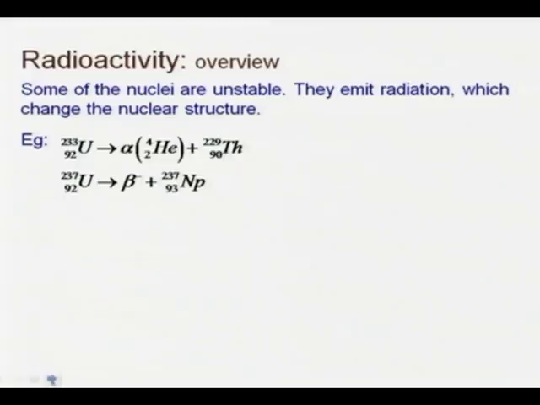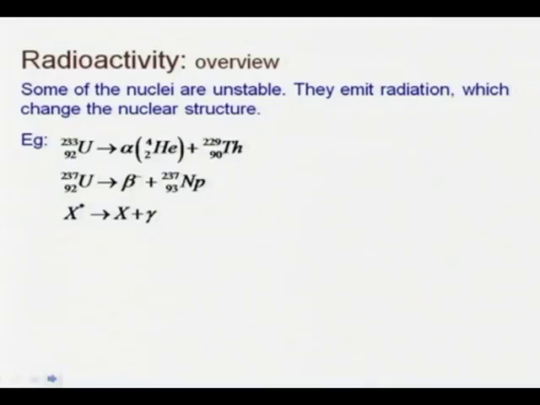Okay, and that is another example. Then there are many nuclei which, when they are in an excited state, emit photons, gamma rays, and convert themselves, de-exciting by emitting this photon.